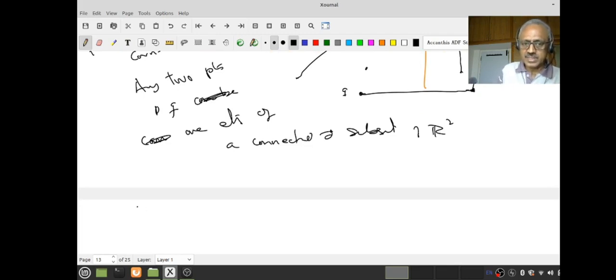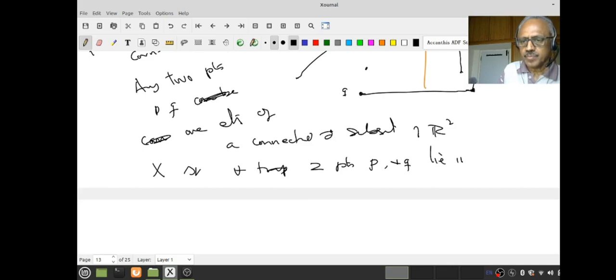And we had already seen, that was the first application after the characterization of connectedness in terms of continuous functions, that if X is a space so that every 2 points P and Q lie in a connected set, then X is connected.